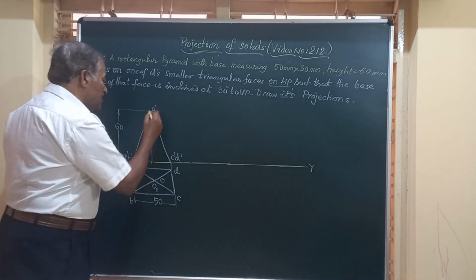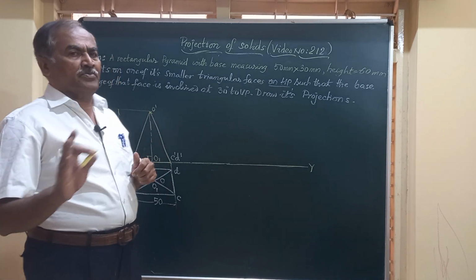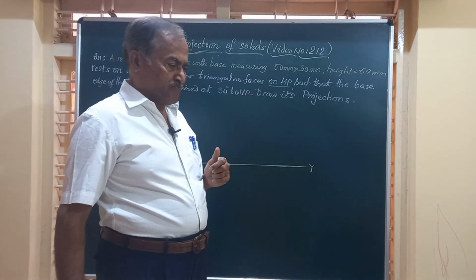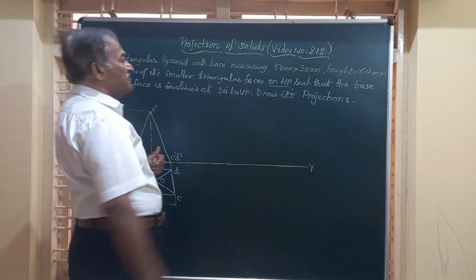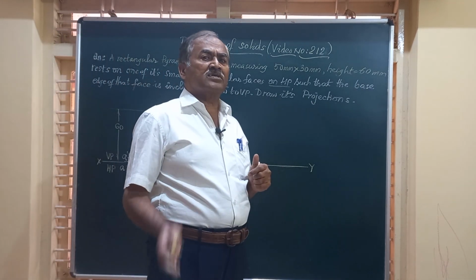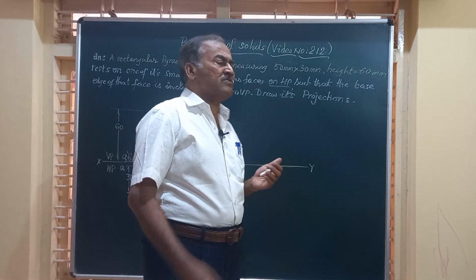And friends, here you should observe that this is O1, the center of the base, and the axis is perpendicular to HP. Friends, it says in the question that it has to rest on one of its triangular faces on HP, that is on XY. So, which is a triangular face?